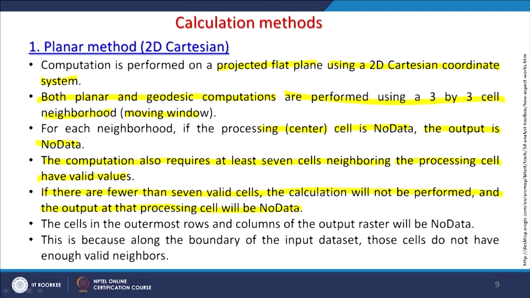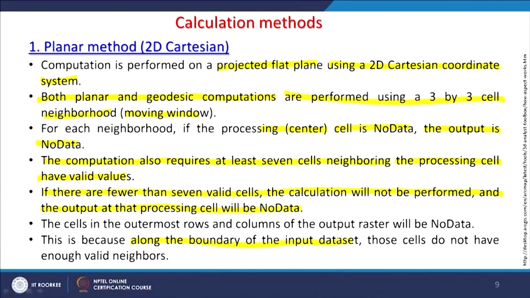And then cells in the outermost rows and columns, which I have repeatedly mentioned, will have no data, because beyond that you do not have the input. So, this requirement of 7 cells cannot be fulfilled for border cells, and therefore, the border cells, one cell thick, both in rows and columns, will have no data.